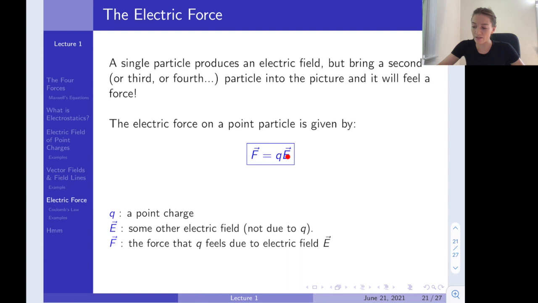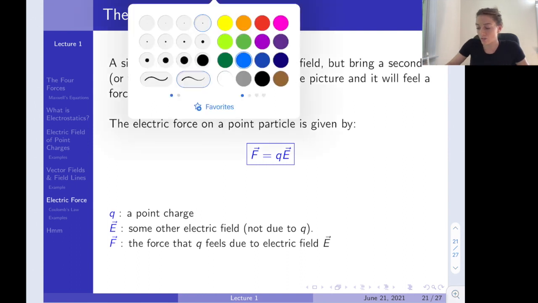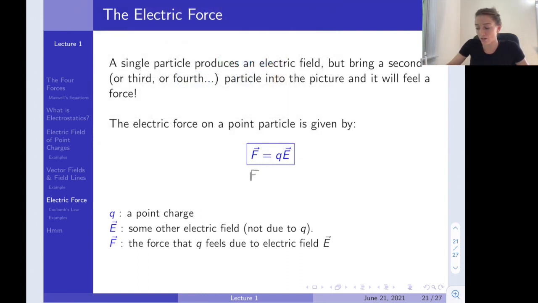And this looks very similar to when we talked about the gravitational force. We have mg, right? Where m is some mass, feels a force due to the gravitational field of some other mass, right? So, okay, we can start seeing that gravity and electromagnetism are oddly similar, so we'll talk about that later.